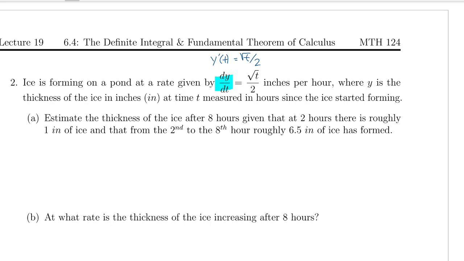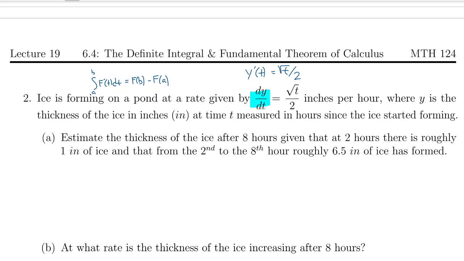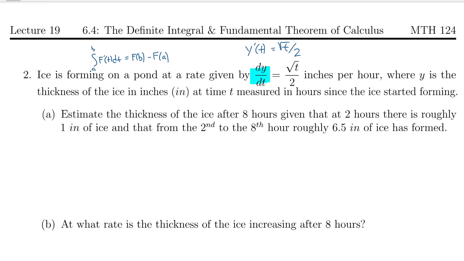So let's write down that fundamental theorem of calculus. So there it is at the top of the page, just as a reminder. And if we fit that to our function and our times of interest, so we know something that happened between the 2nd to the 8th hour, and that is that the thickness of the ice changed by 6.5 inches.